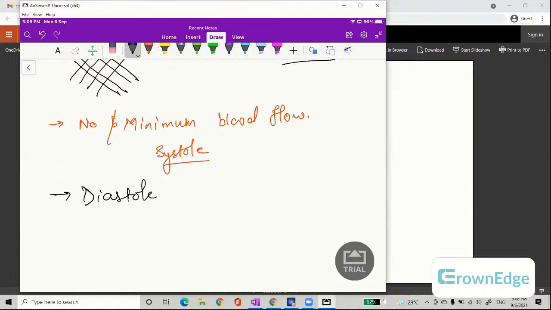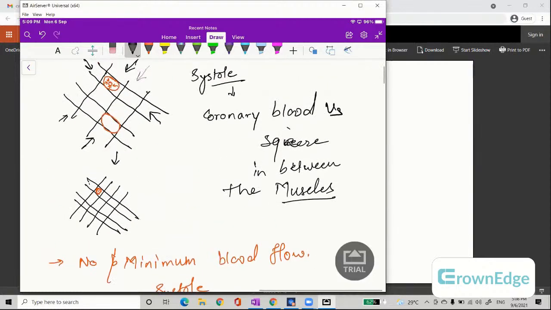Then whenever diastole occurs, what do you mean by diastole? Diastole means relaxation of the heart muscles, right? Whenever the heart muscles relax, what do you think should happen? These black things are the muscle fibers.